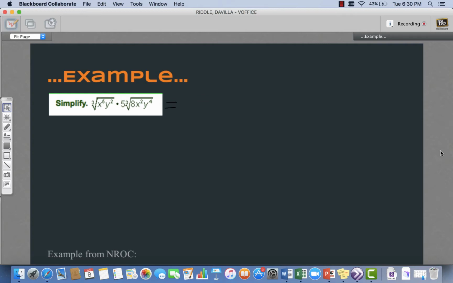So we have the cube root of x to the 5th times y to the 2nd power times 8 times x to the 2nd power times y to the 4th power. And then, like I said, you can combine like terms so that you can see how many you have. So we got 8 times x to the 7th power times y to the 6th power.